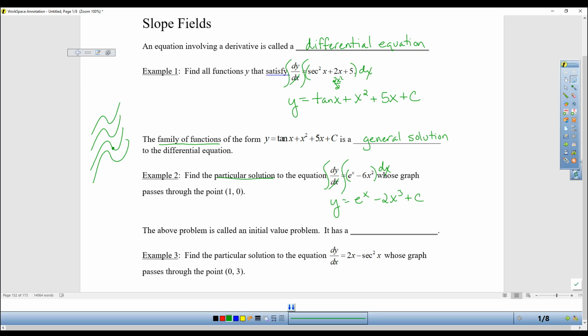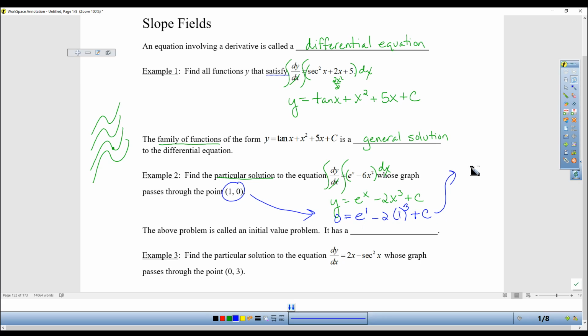So to find c, I plug in my (1, 0). So the 0 goes in for the y. Sometimes people do it backwards by accident. 0 is equal to e to the first minus 2 times 1 cubed plus c.